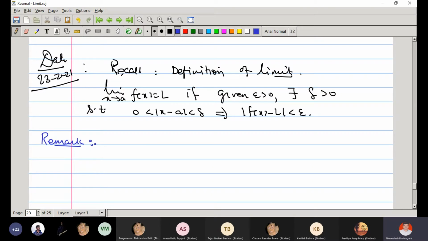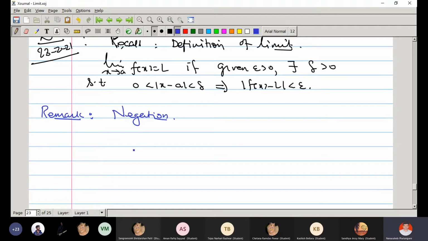So what is the negation of this statement? What is the negation of this definition of limit? Can you tell me? The limit as x tends to a of f(x) is not equal to L. The limit is equal to L means the above definition, so the limit is not equal to L means what?